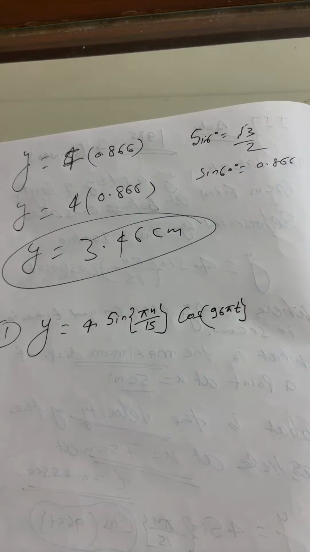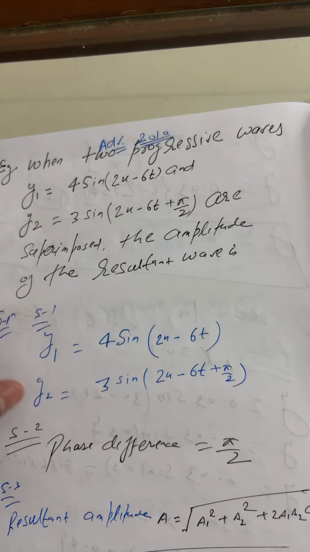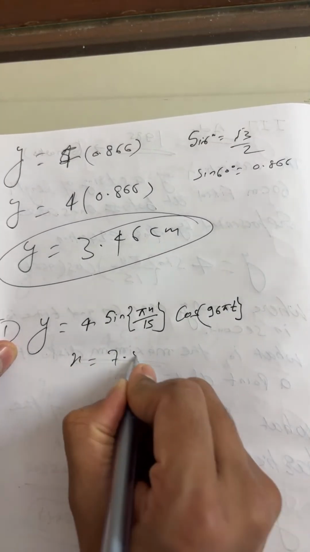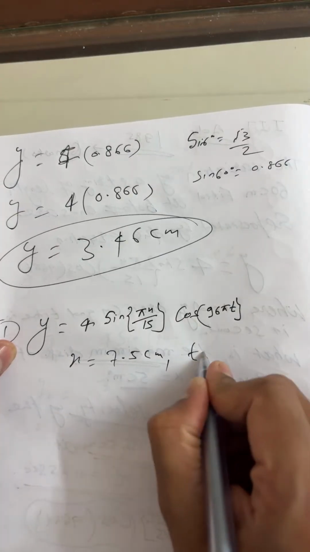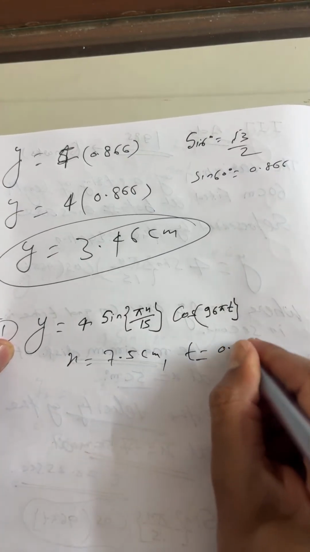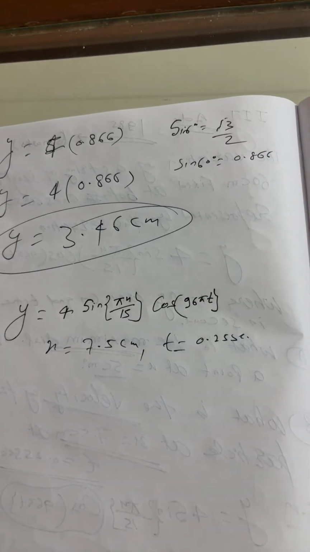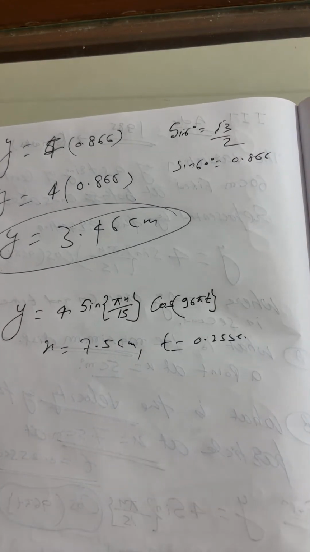So x is what I mentioned here, 7.5 centimeters, and time is 0.25 seconds. Okay, so solve further here.